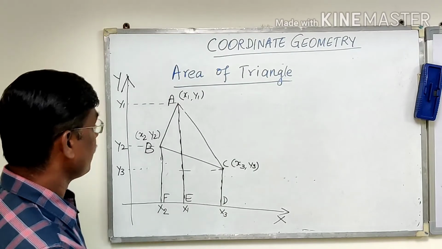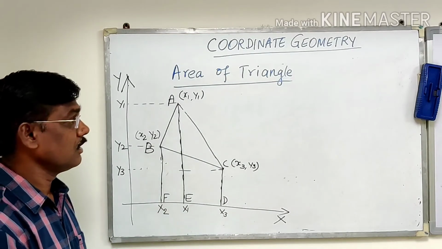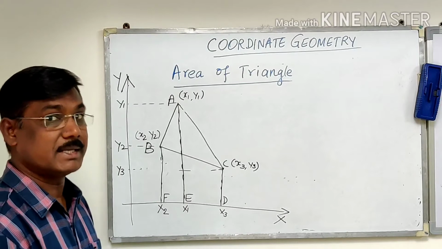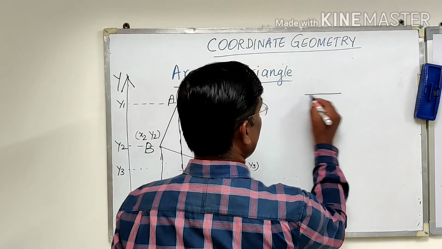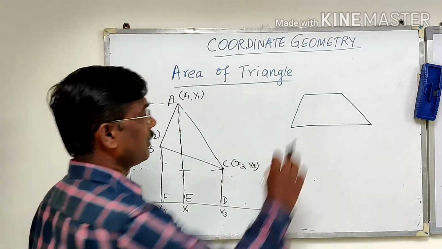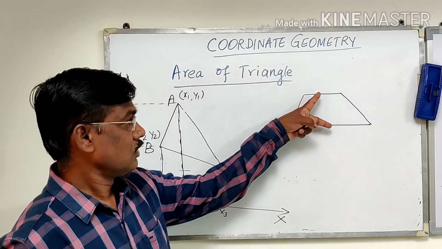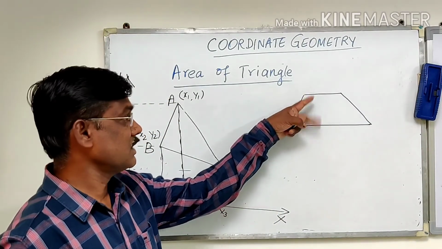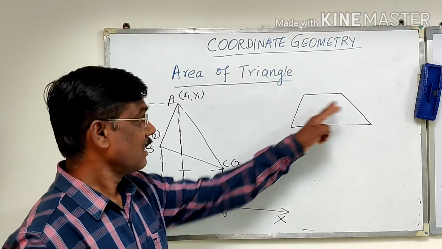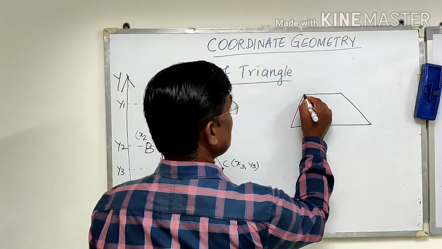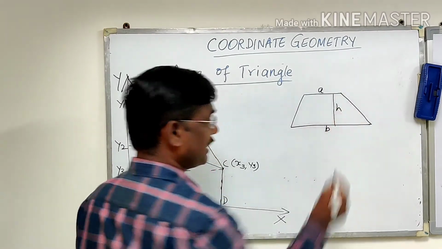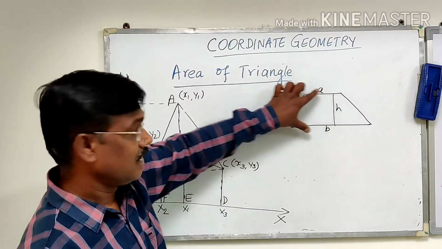Okay. Before going to find the area of triangle, you must know the formula for area of trapezium. What is trapezium first of all? It is a quadrilateral with one pair of opposite sides parallel and the others are not. Suppose this length is A and this length is B and height is H. Height is between the parallel sides.